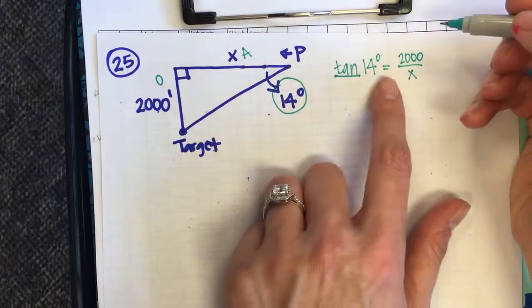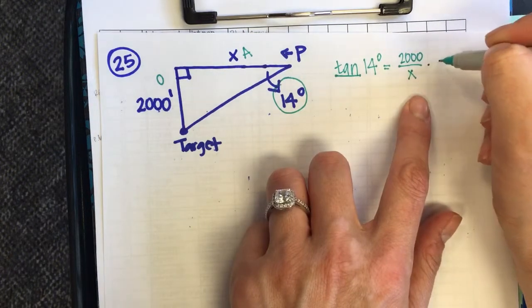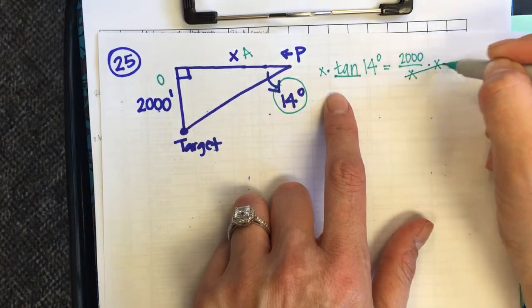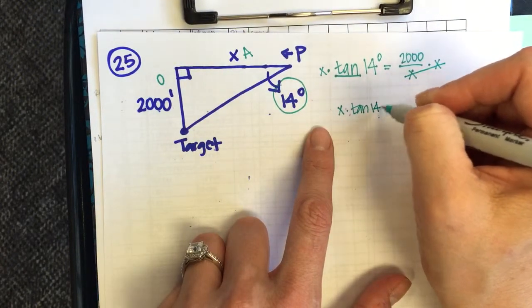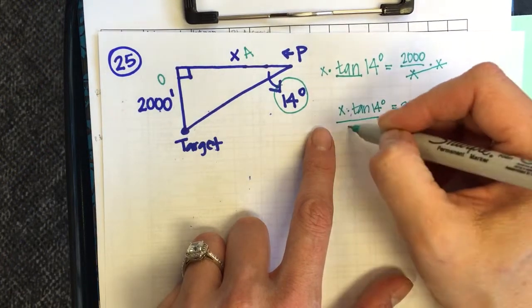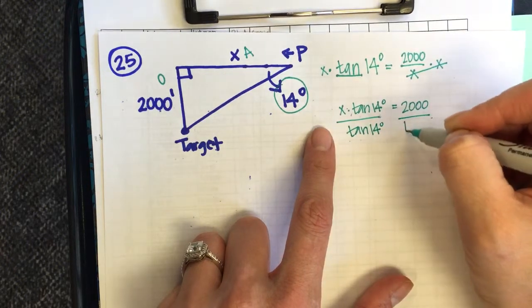You can either turn this into a proportion and cross multiply, or you can multiply both sides by X. Those cancel. And then divide by tangent of 14 degrees.